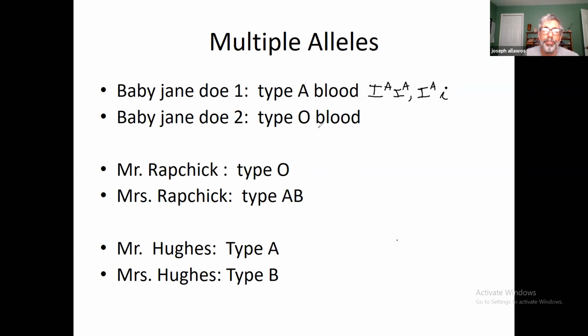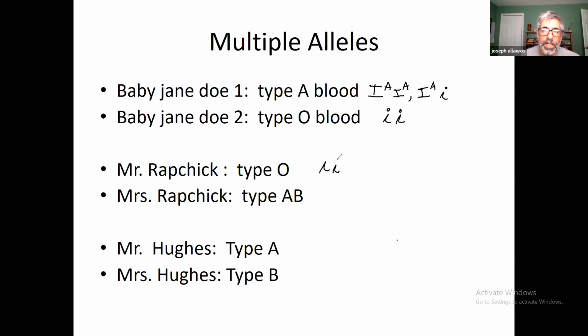Okay. What about baby Jane Doe number 2? Baby Jane Doe number 2 has type O blood. Well, we do know with certainty her genotype, because the only way you get type O blood is if you are homozygous recessive. So she has 2 little i's.